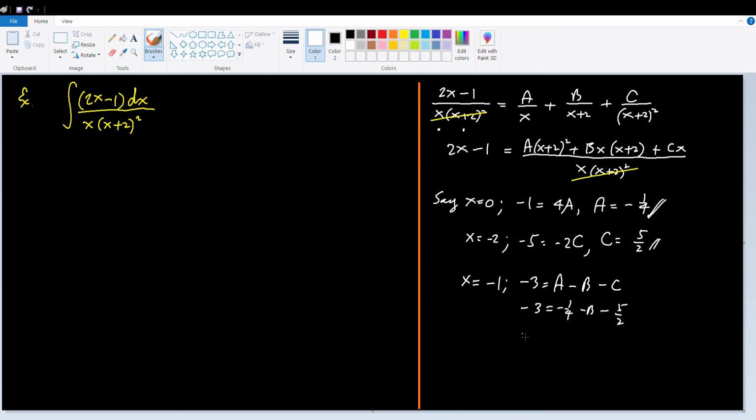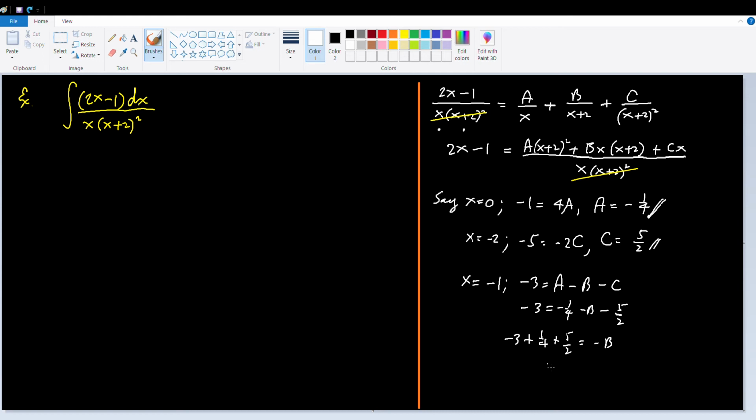So negative 3, then negative 1/4 becomes positive 1/4. Negative 5 halves becomes positive 5 halves equal to negative b. So that will be negative 12 plus, okay, so the least common denominator here I think is 4.